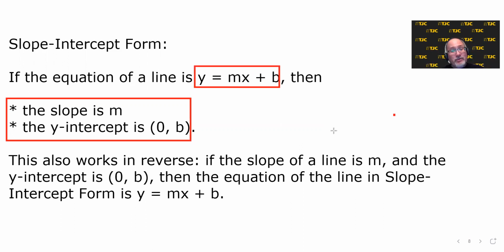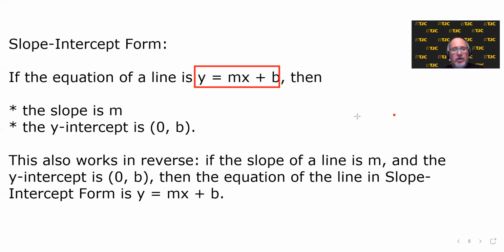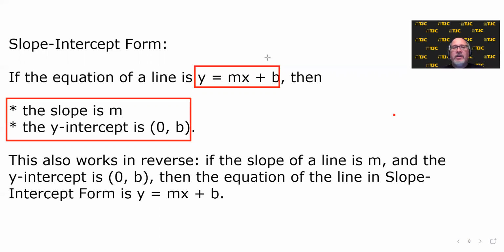Or as one big sentence, we could say: the equation of a line is y equals mx plus b if and only if the slope of the line is m and the y-intercept of the line is 0, b. So it's a two-way proposition. If this is your equation, then this is your slope and intercept, and vice versa.